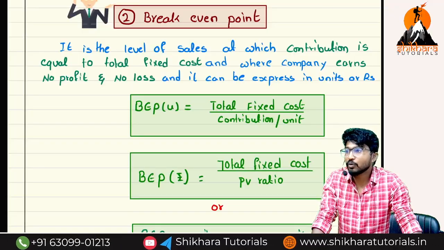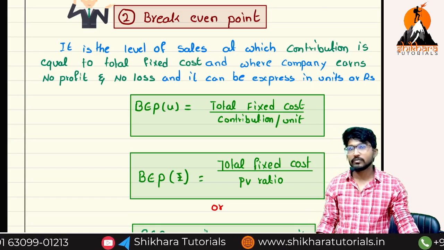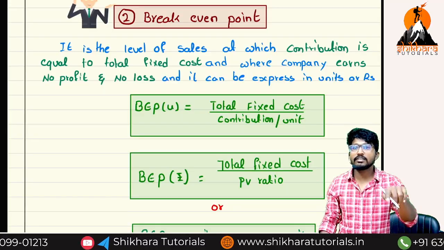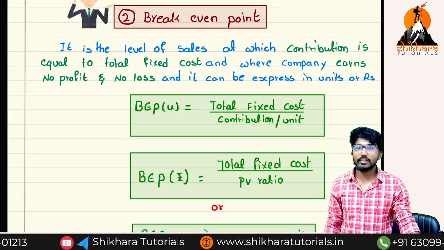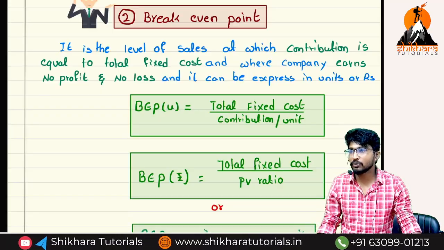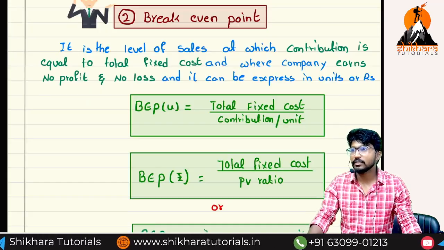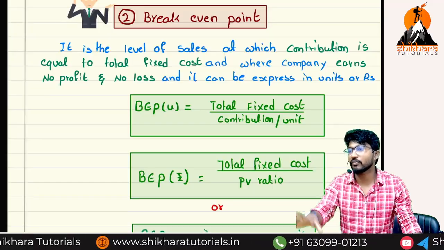That means your total contribution is utilized for paying fixed cost only. You are left with zero profit. At break even point you won't get any profit. That means break even point is a no loss, no profit zone.